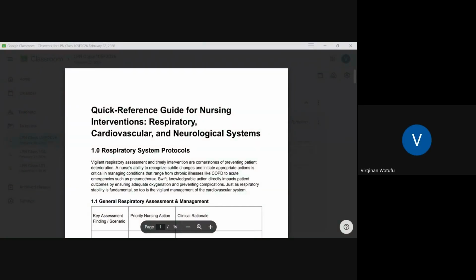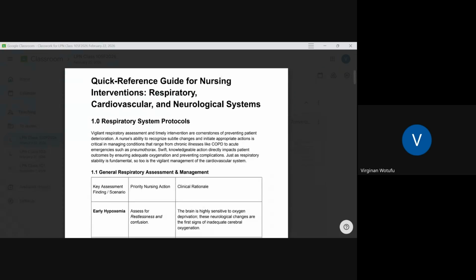With the pharmacology, did we have any problems with some of the questions? I hope this helps.